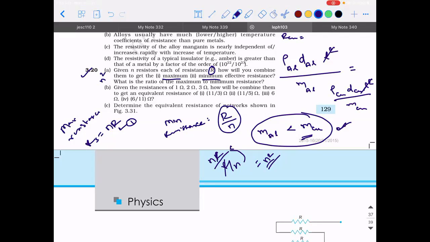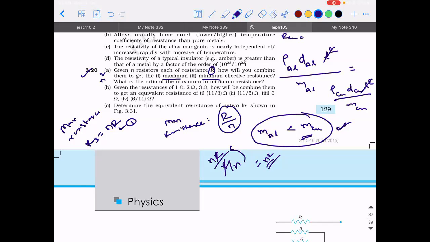So 1, 2, and 3, if all of them are connected in series, what is the equivalent resistance? This is an easy question, so I myself will answer. Obviously, it is going to be 6 ohm. Similarly, when all the 3 are connected in parallel, what will be the equivalent resistance? Can you calculate and tell me? 6 by 11.